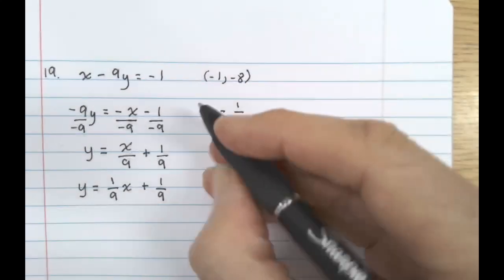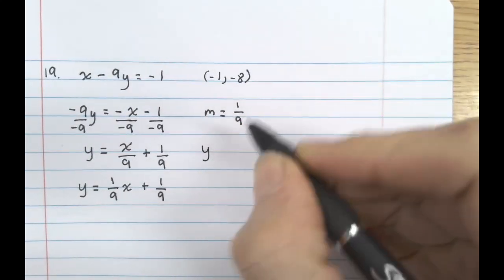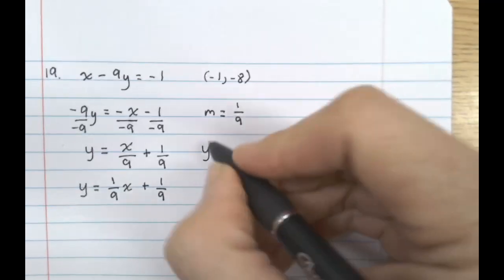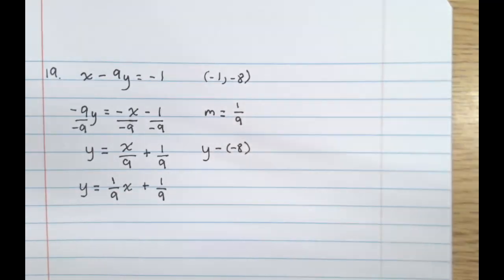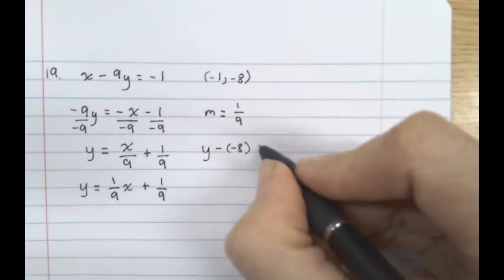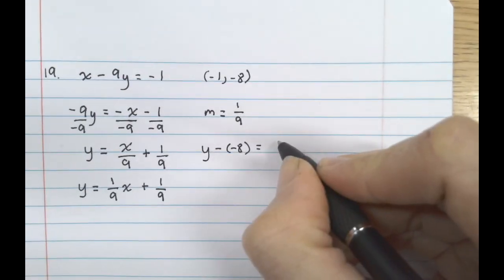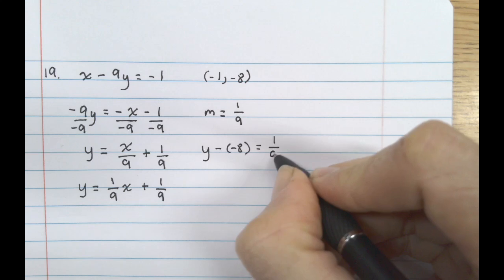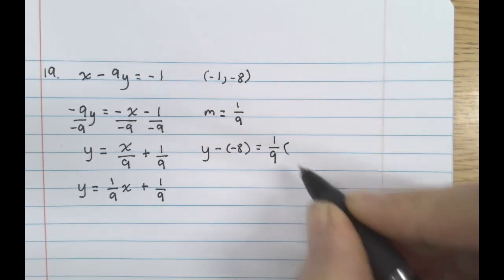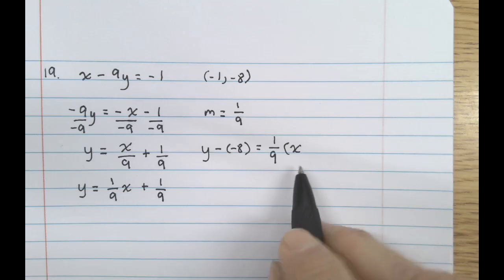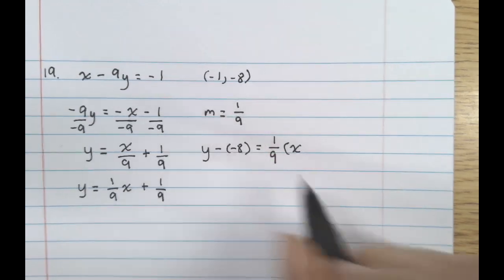So remember, that's y minus the y, so y minus -8 equals the slope, which is 1/9, times x minus the x coordinate.